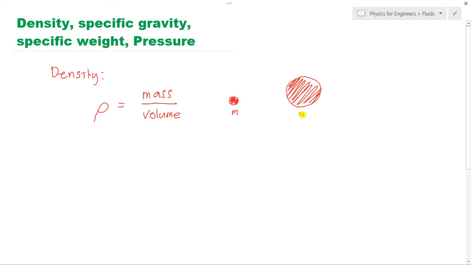Let's say M is greater than M1. So this second object is less dense compared with the first object, assuming that the mass of the first object is greater than the mass of the second object. So this is the density, just the ratio of your mass and the volume.